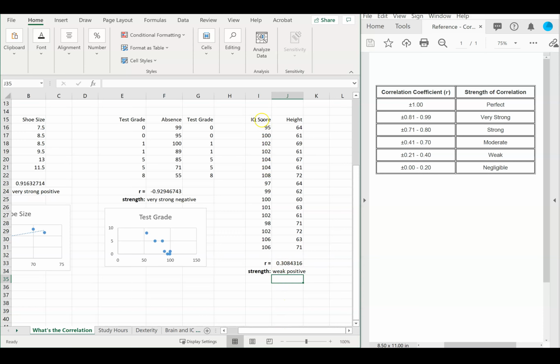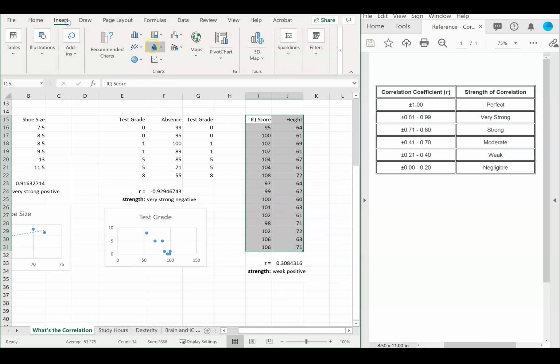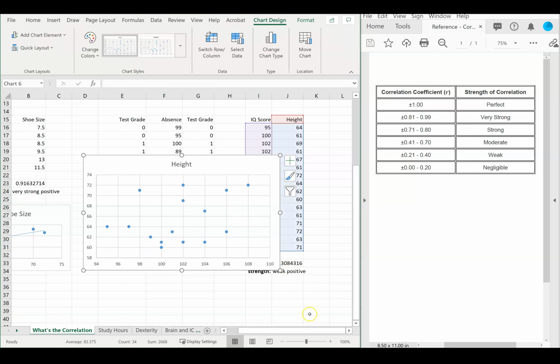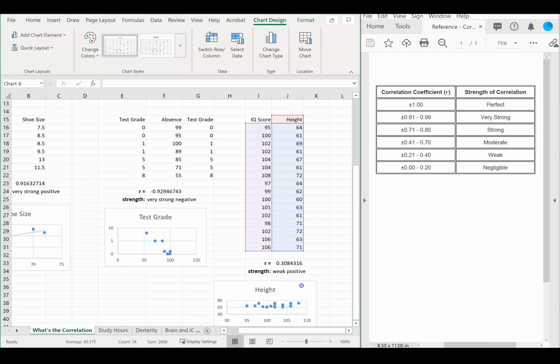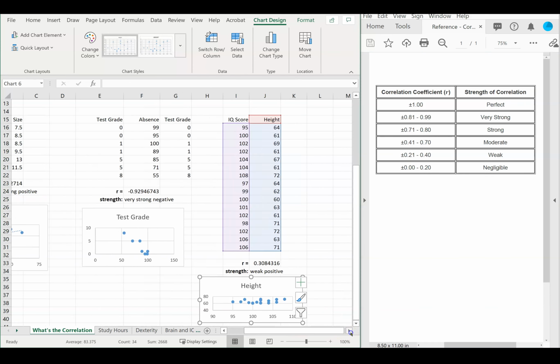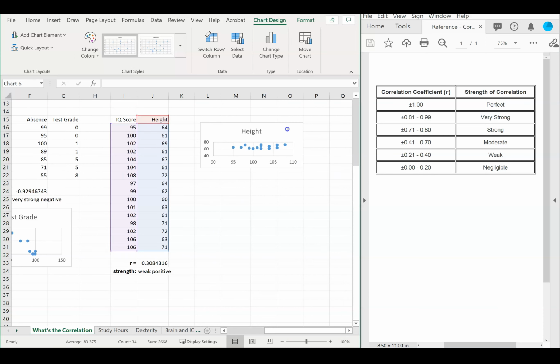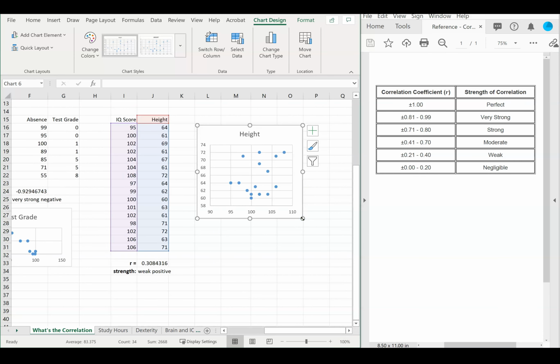This situation, if I was to graph it, you can see that there's a relationship here, maybe. Sorry, I don't have enough space going on. There's a relationship here, maybe.